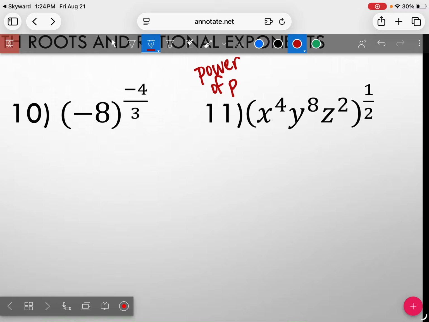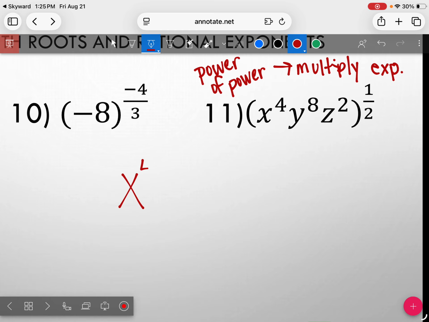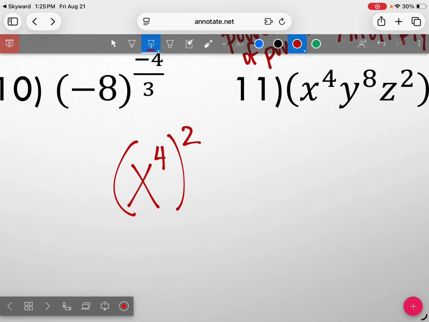I haven't taught Algebra 1 in a long, long time. But you multiply the exponents. I'm gonna abbreviate that. So if this were x to the fourth to the power of 2, let's just pretend it's not a fraction. If it was x to the fourth to the power of 2, that would be x to the power of 8, okay?